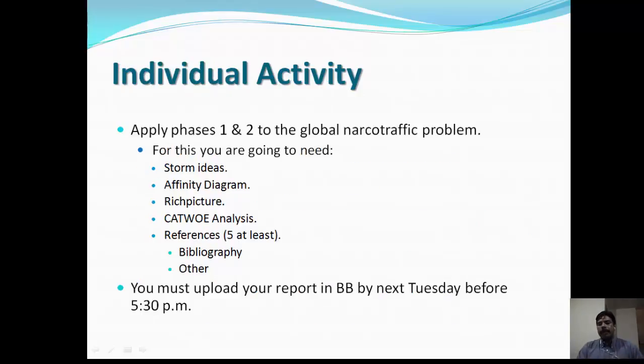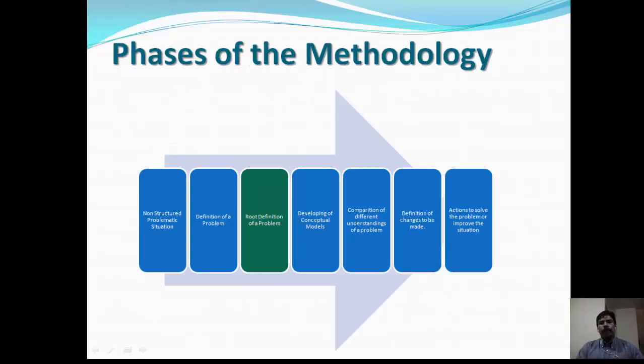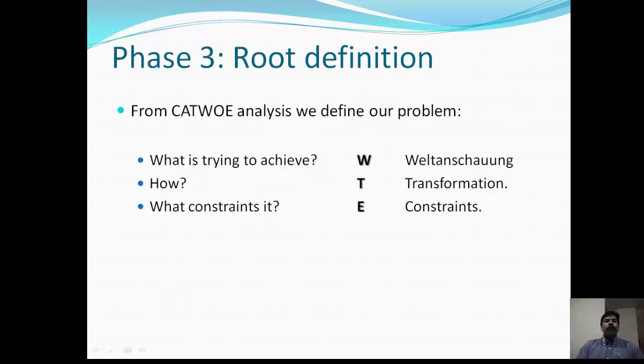This is an individual activity that you have already made. We're going to the next phase of the methodology, which is the root definition of a problem, or the root definition of a system. For the root definitions, we need the CATWOE analysis to define our problem.